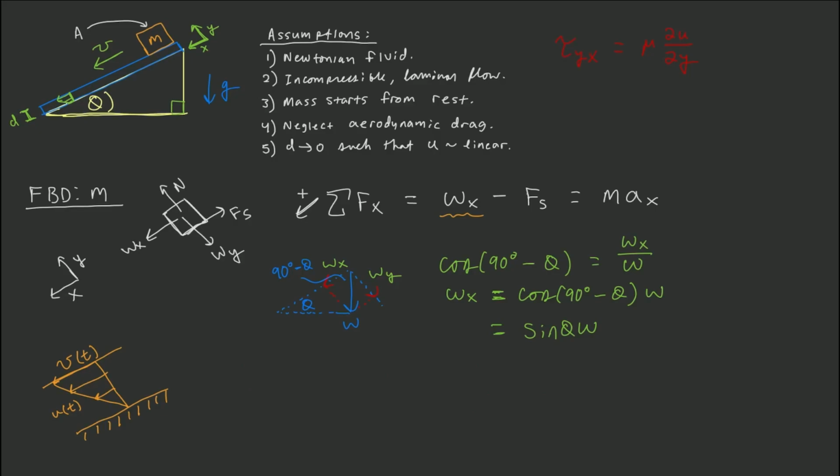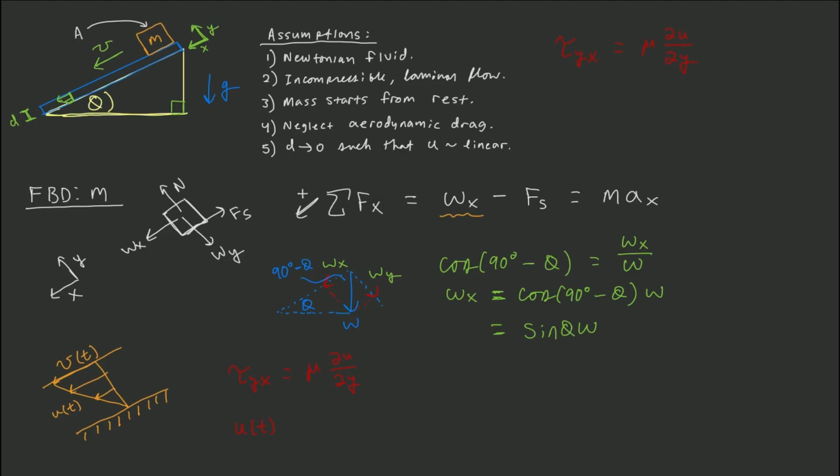Okay, so now we're going to write out Newton's law of viscosity as consistent with what we just outlined. So tau of yx is equal to mu, which is the viscosity of the oil slick or the fluid, times the partial derivative of little u with respect to y. Now, what is little u? Well, we've established that little u is a function of time because big U is a function of time, and little u is just the velocity profile of the fluid beneath the block at any given instant, adherent to this diagram right here.